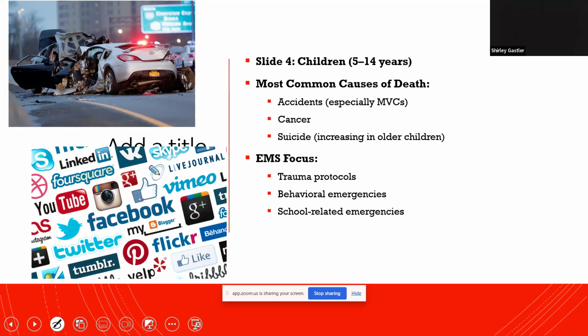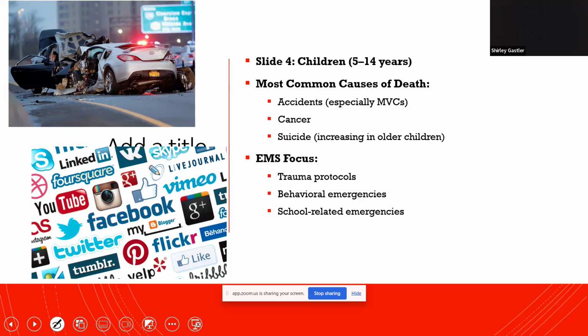And then, with social media and cell phones and that kind of stuff, suicide has become increasingly common over the last number of years. They just recently came out with a study a couple of weeks ago that basically showed any kid that has a phone under the age of 14 has an increased chance of suicide, depression, anxiety, and all that kind of stuff.